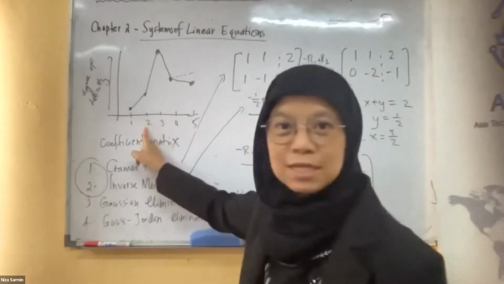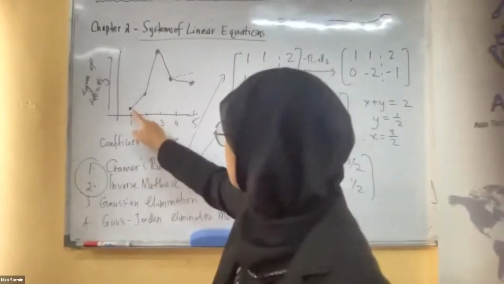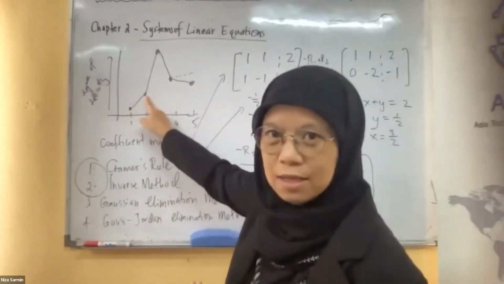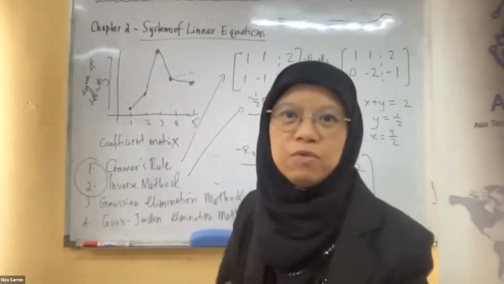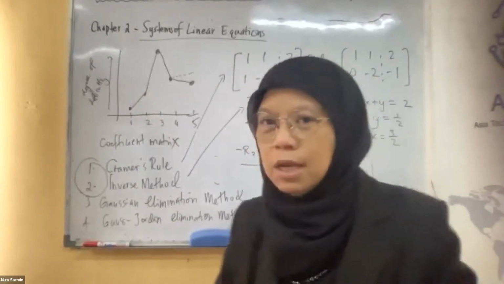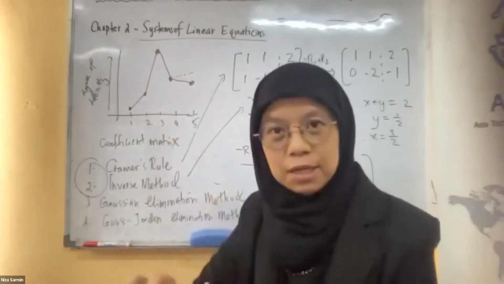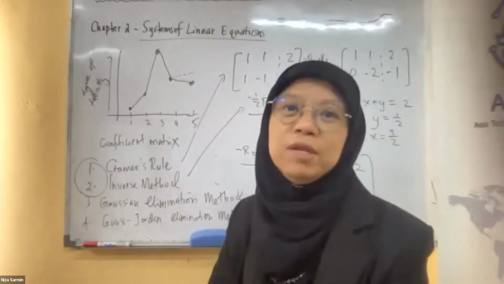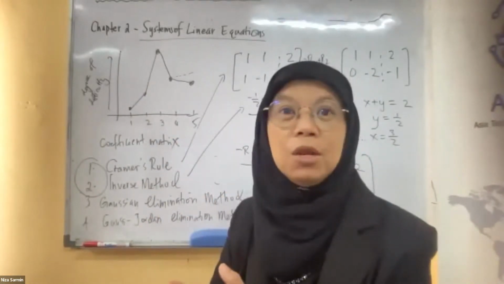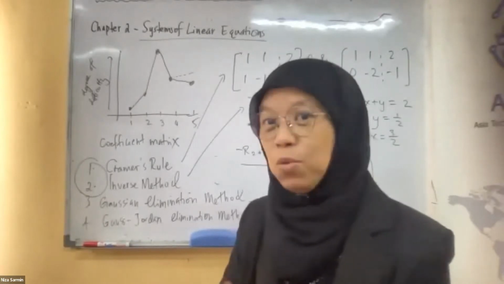Chapter 2 is system of linear equations. It's a little bit harder, I think, in the level of difficulty because you have to solve equations and use different methods, right? Determinant, inverse, and elementary row operation, which is all from chapter 1.